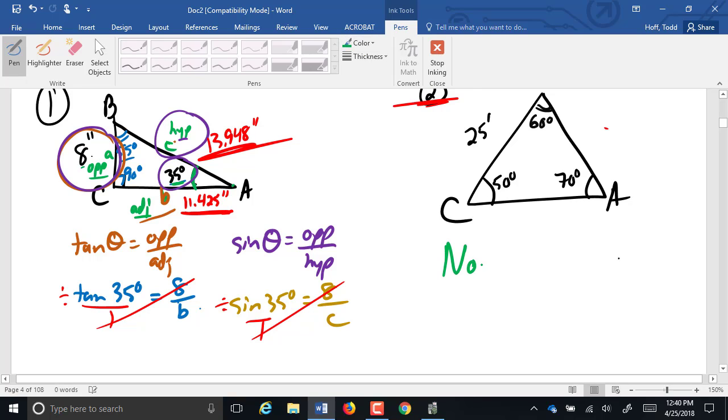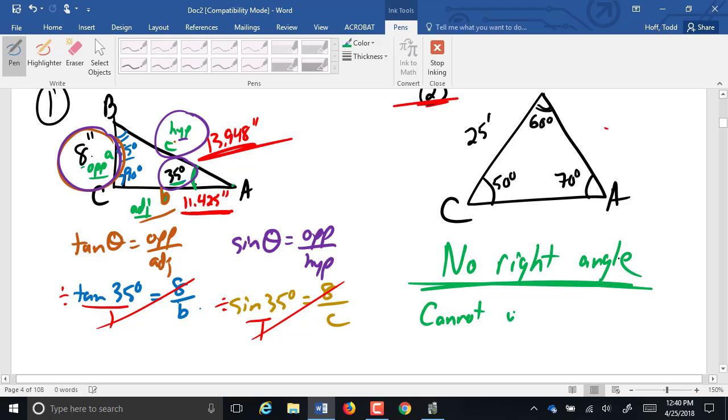Exactly, there's no right angle. That means we cannot use right triangle trig, right? It doesn't mean we can't use trig, it just means we can't use right triangle trig.